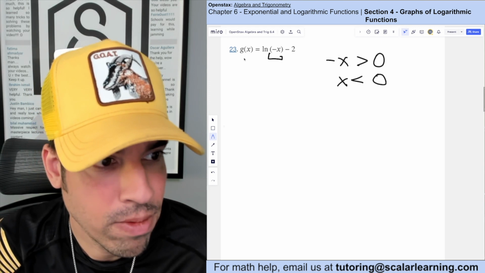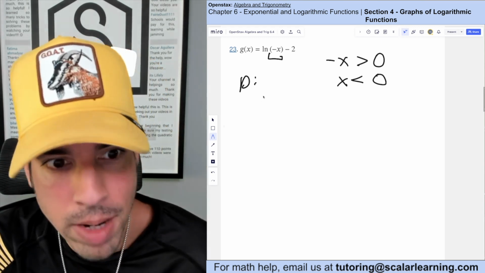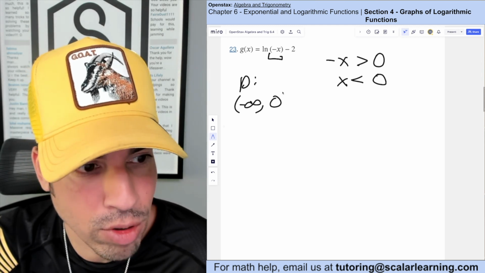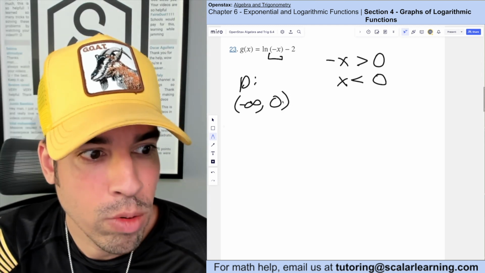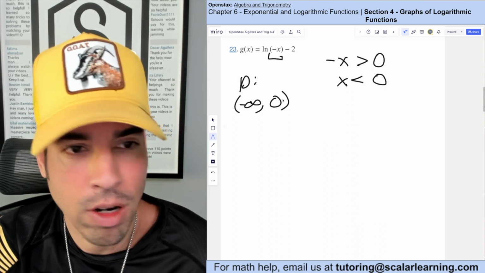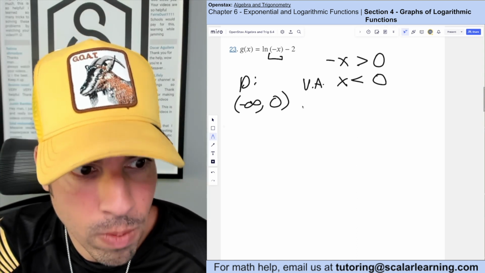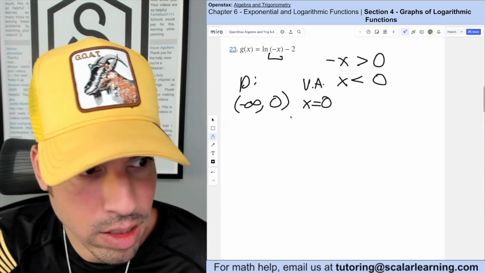So the domain is everything from negative infinity going up to, but not including, 0. And this is cool because this also gives us the location of our vertical asymptote, right? Since 0 is the cutoff, our vertical asymptote is at x equals 0.